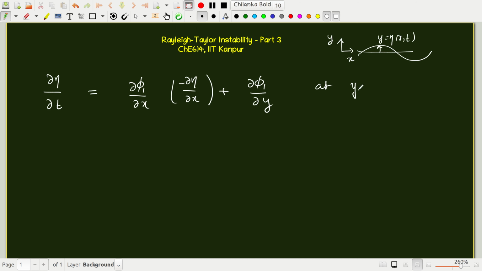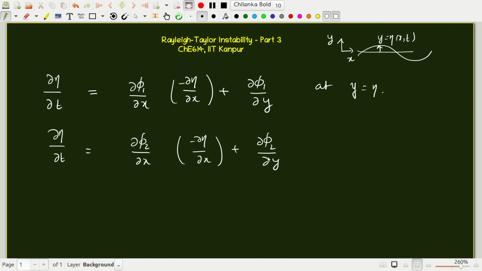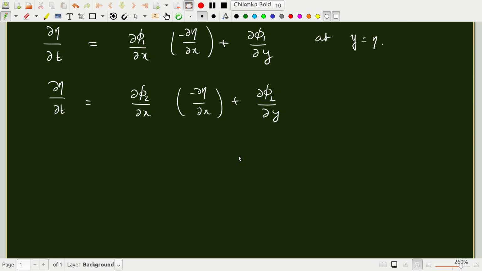And similarly for the second fluid also you have ∂η/∂t is ∂φ2/∂x minus ∂η/∂x plus ∂φ2/∂y. So these are the two velocity continuity conditions from the kinematic condition.